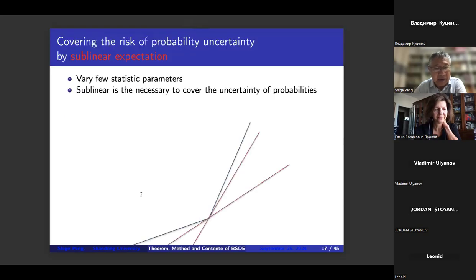The advantage of sublinear expectation is this: if you have two straight lines, the two red straight lines, they cannot be compared with each other.